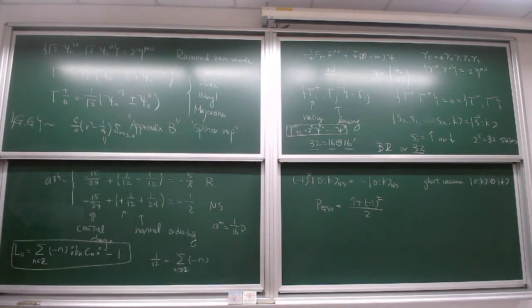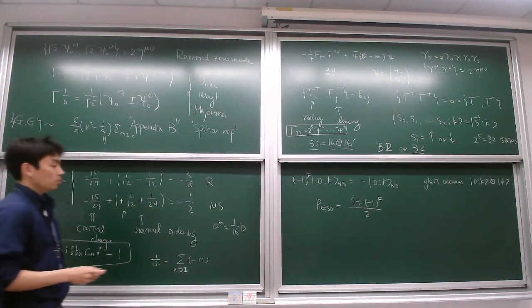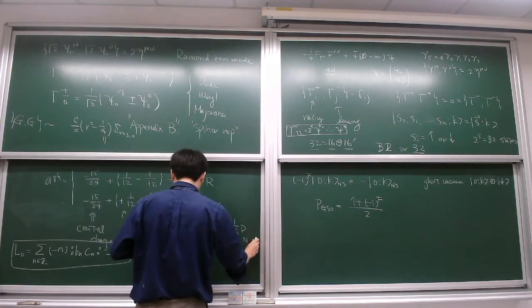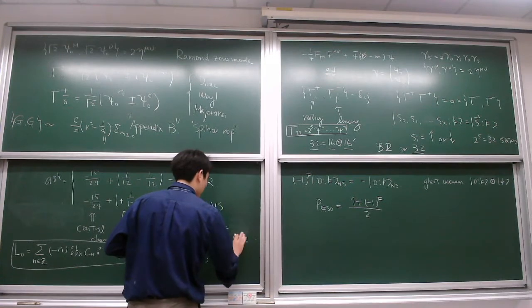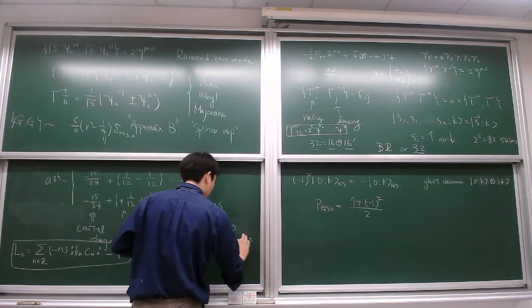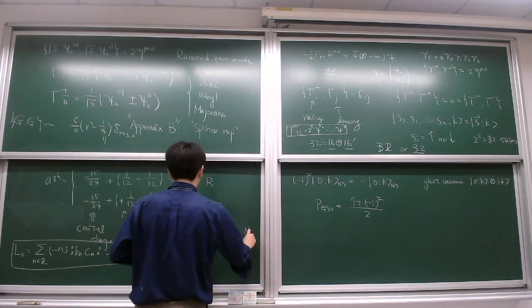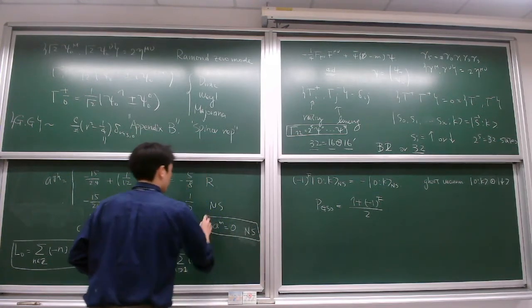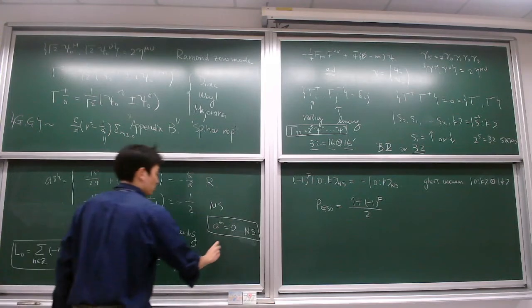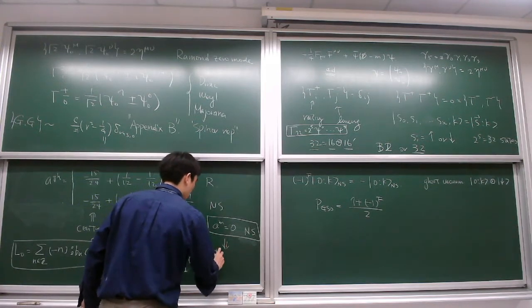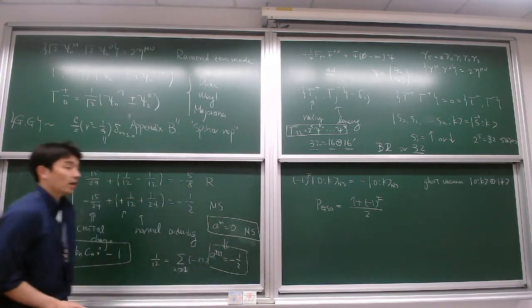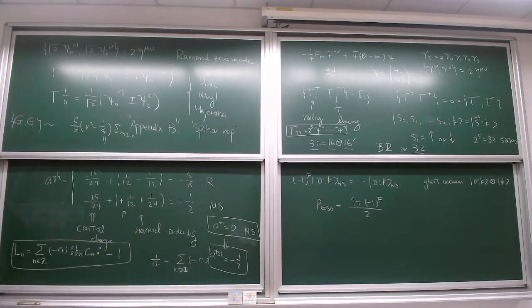And if d is equal to 10, the total, for the NS sector, is minus 1/2. So you still have a tachyon in the NS sector. That's the problem we have.